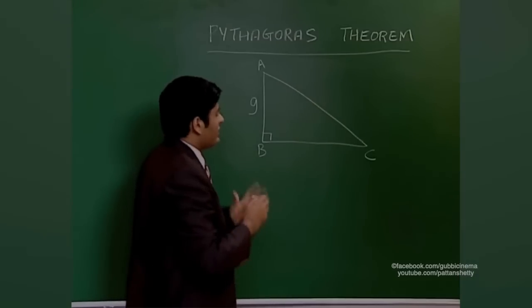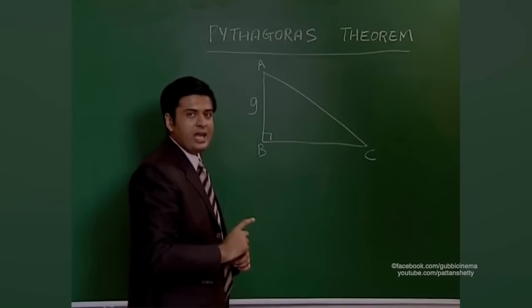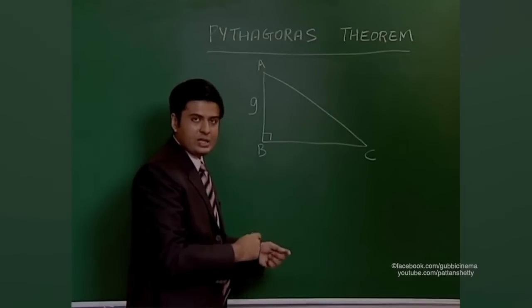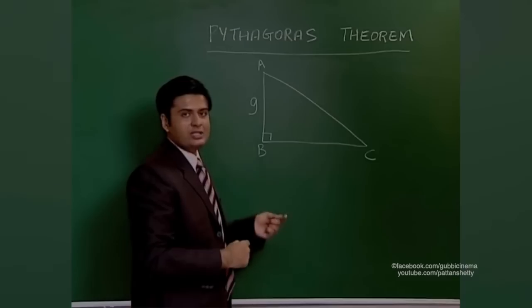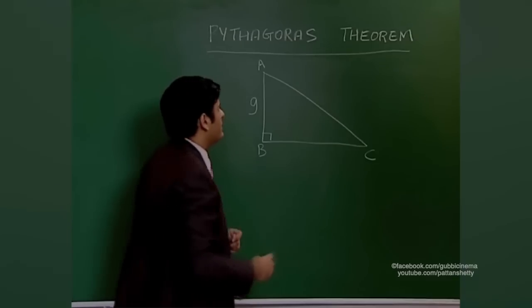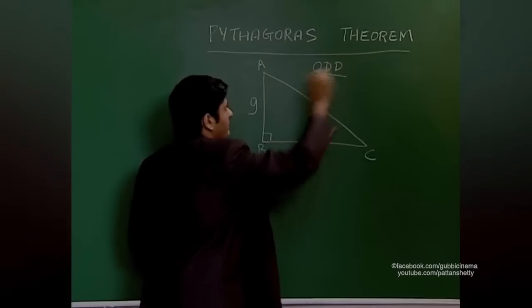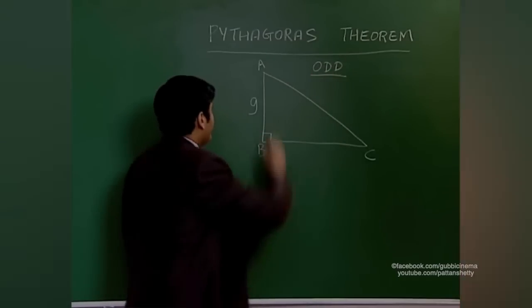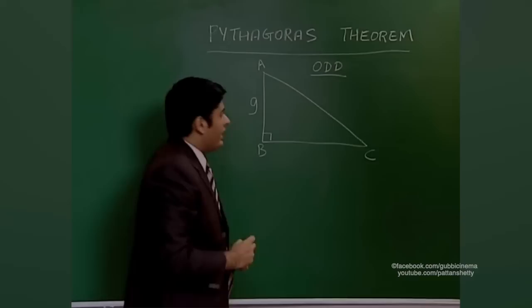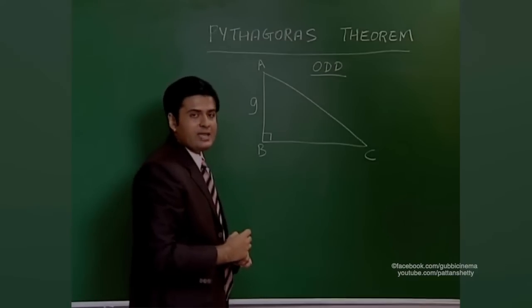So, first we will see how this technique can be used for odd numbers. Then we will see how this technique can be used for even numbers. So first we shall study for odd numbers. I am told that side AB is 9 units. Let's go ahead and apply the technique.